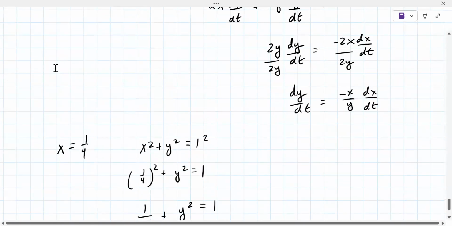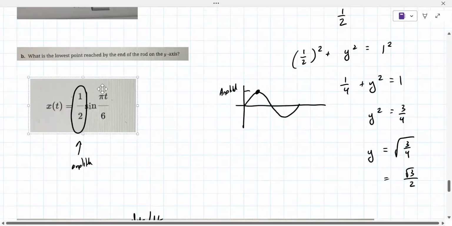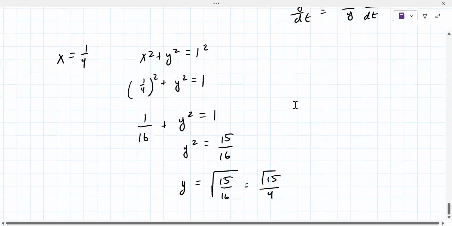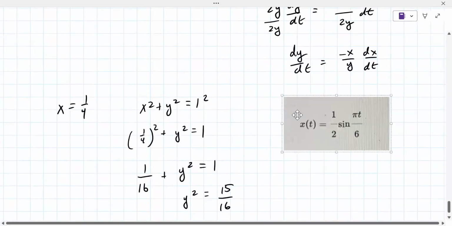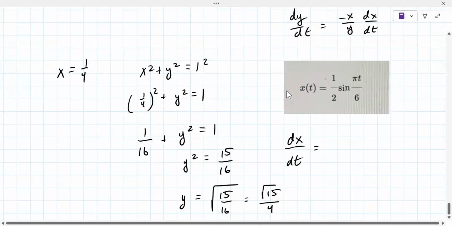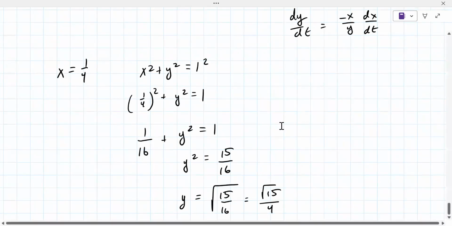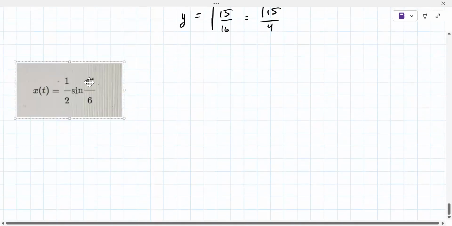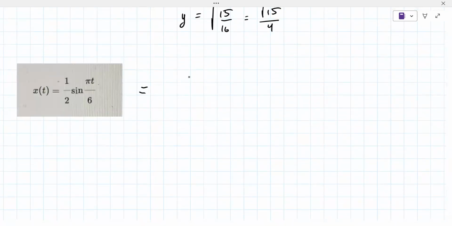So the only thing that's going to give you dx dt is the equation for x. Sorry, it's all over the place here. So you have to be able to take a derivative of this. This is one of those chain rule derivatives. Let's do it down here because it's going to take a little bit. It can be written as 1/2 sine u, where u is pi t over 6.